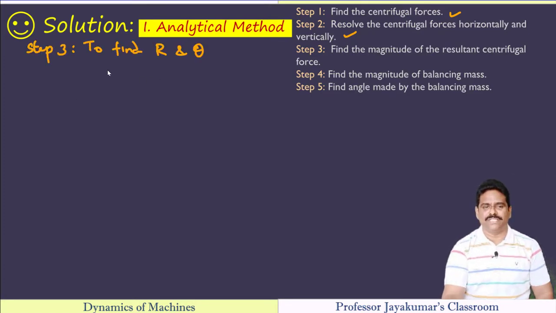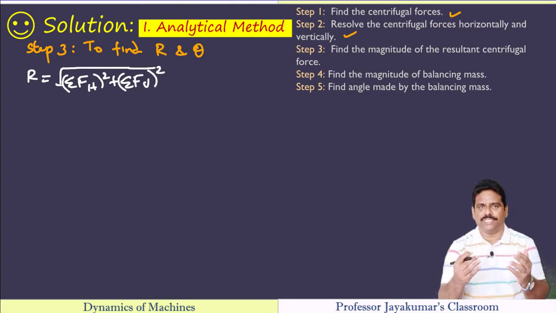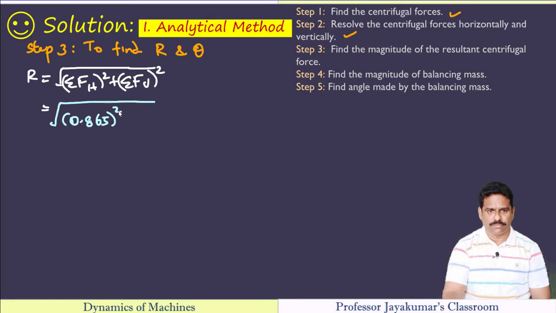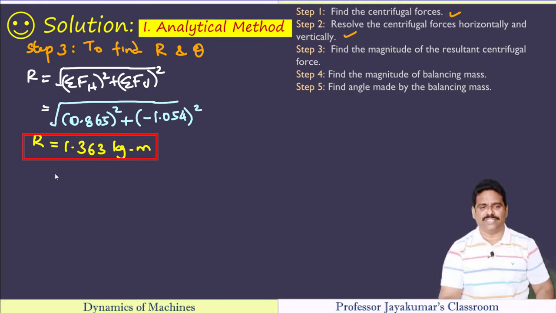How can I find the resultant force value? We know that, substituting the values obtained in the previous step, we can very well determine the resultant unbalanced force R. By simplification, we get the resultant force value as 1.363 kg meter. We also know how to find the angle of that resultant force.